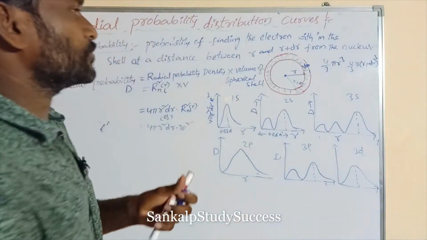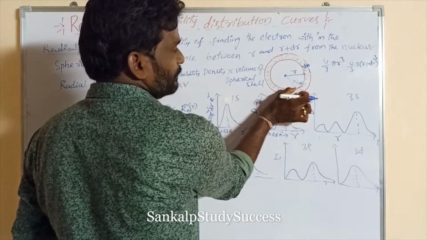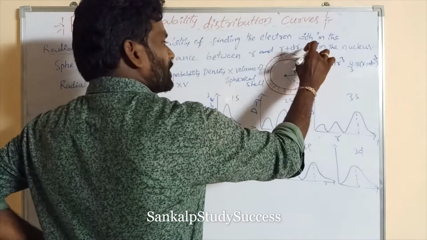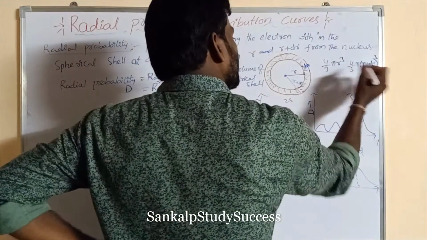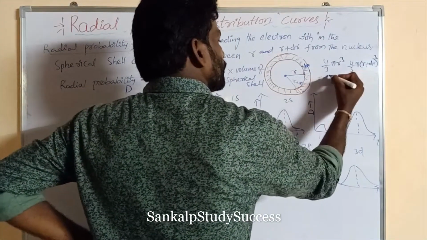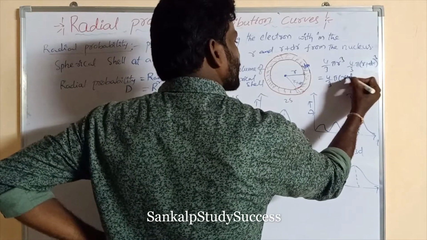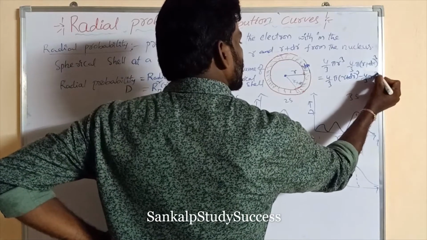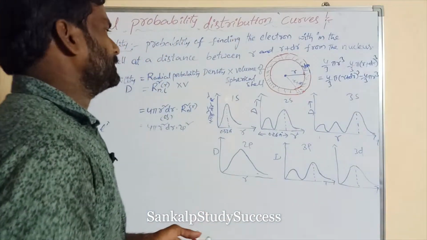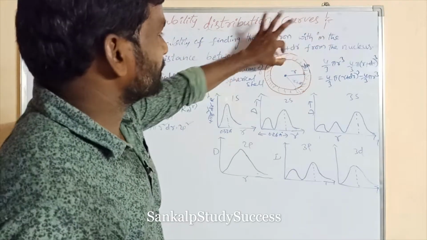If you want the volume of only this small shell, its volume is 4 by 3 pi into r plus dr whole cube minus 4 by 3 pi r cube. This is the volume of the spherical shell.